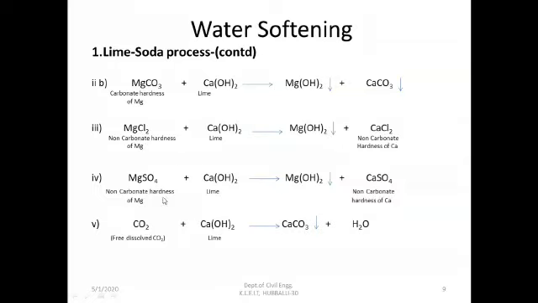Also, non-carbonate hardness of magnesium in the form of magnesium sulfate reacts with lime to form magnesium hydroxide. And even the free dissolved carbon dioxide is taken care of by lime so that it precipitates out as calcium carbonate.